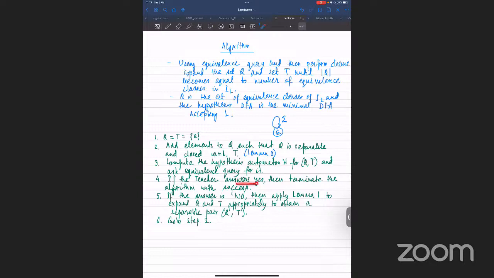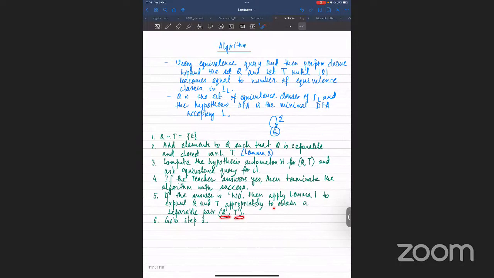If the teacher answers yes, then you terminate, and you already have the automaton. If the answer is no, then you apply the first lemma, where we saw that you can get a new string and a new test string, and you obtain your new Q prime and T prime by adding those strings to Q and T respectively. And then you go to step 2 again.